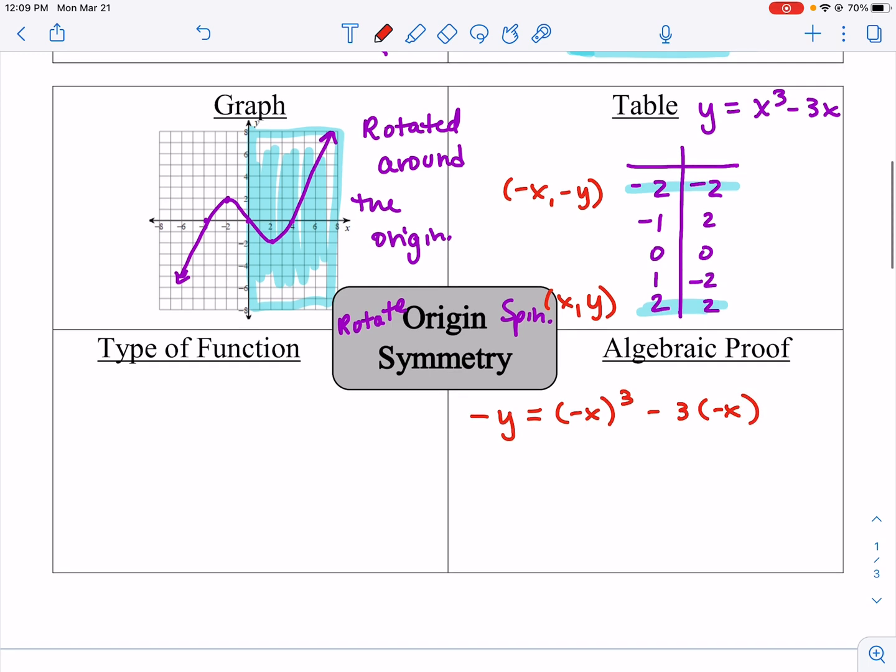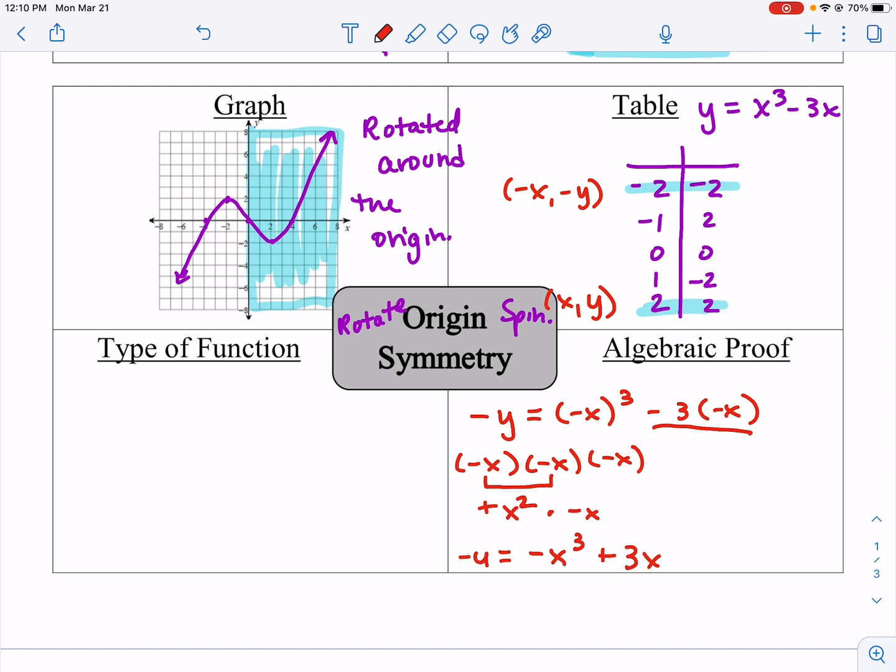When we have three negative x's, -x times -x times -x, these two will partner up and make a +x squared. But we'll still be left with a -x. So this is going to end up being -x cubed. And when we multiply two negatives, we get a positive plus 3x.